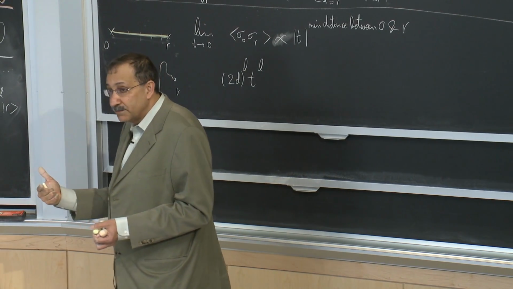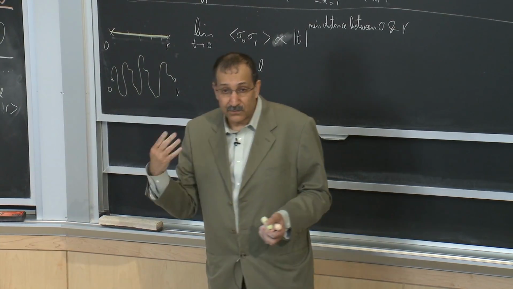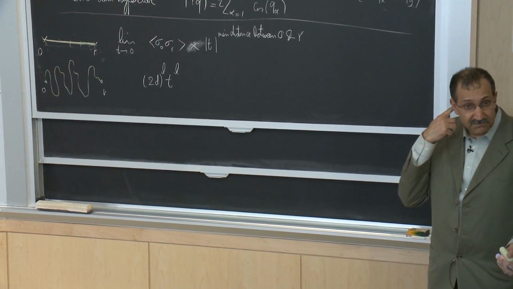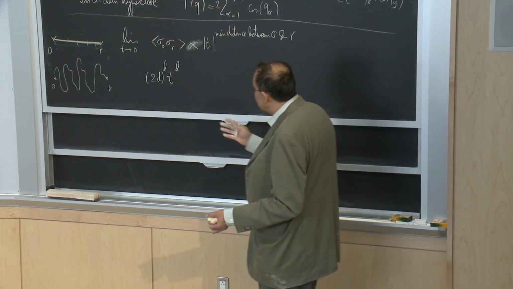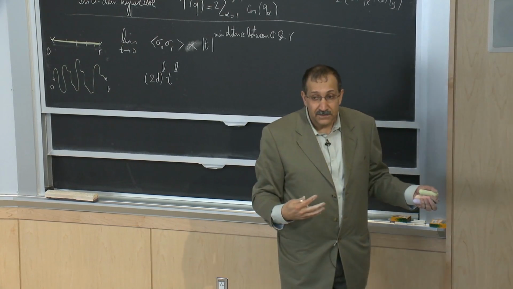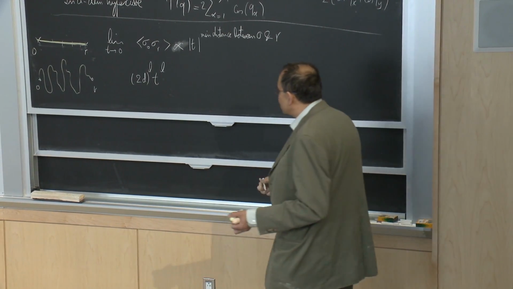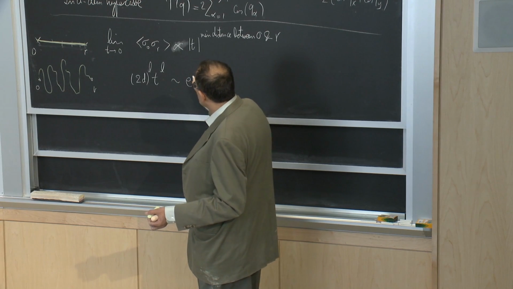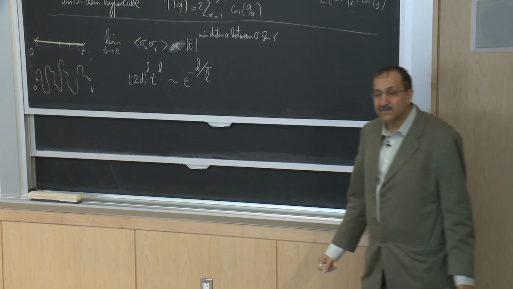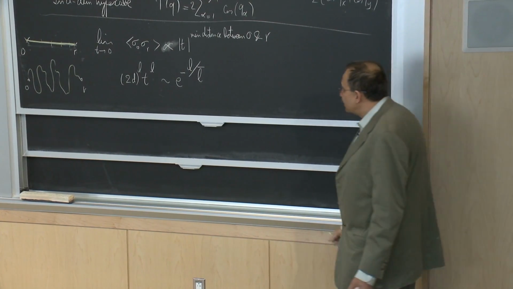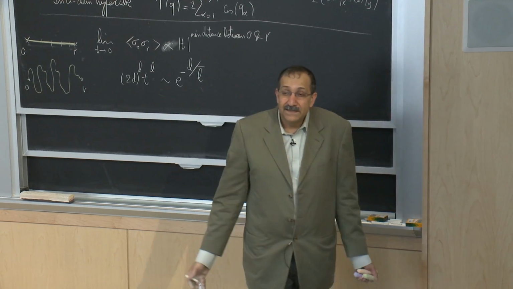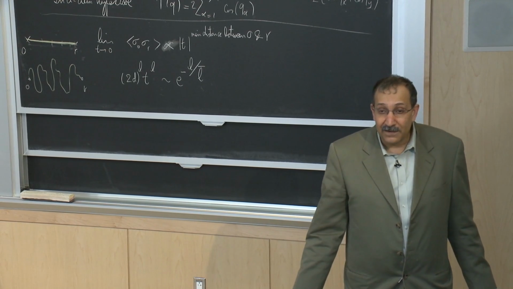So at each step, I have in 2 dimensions a choice of 4, in 3 dimensions a choice of 6, in d dimensions a choice of 2d. Okay? So you can see that this is exponentially small, this is exponentially large. So they kind of balance each other. And the balance is something like e to the minus L over some typical L that will contribute. And clearly, the typical L is going to be finite as long as 2dt is less than 1.